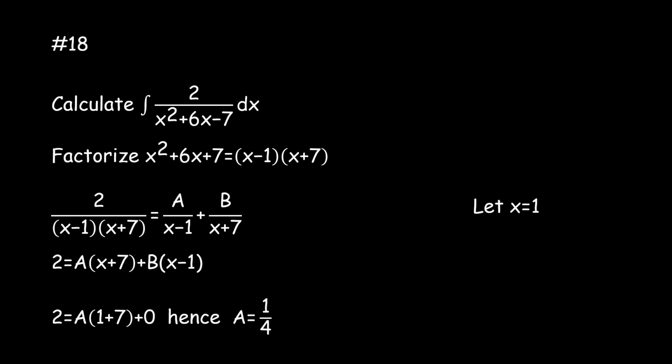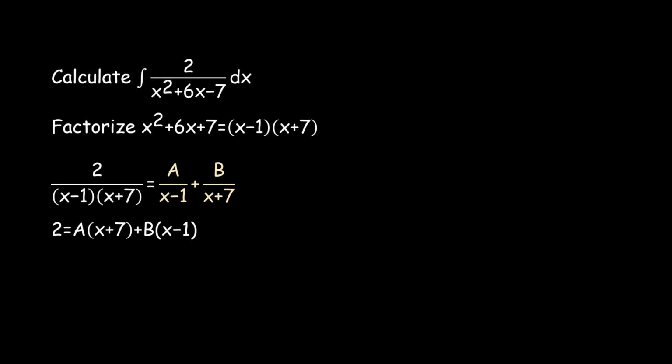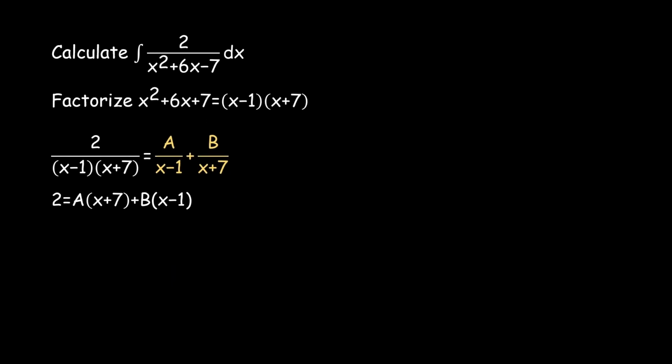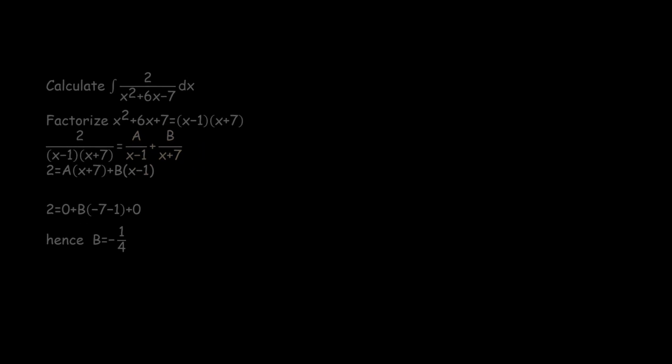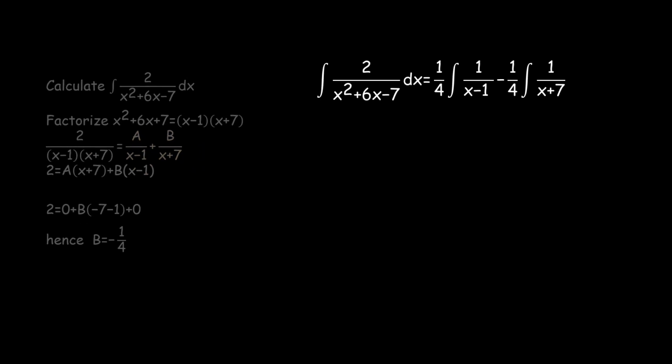And okay, so now we need to work out the value of b by substituting x equal to -7 so that it eliminates the a. That would give us 2 equal to 0 plus b times -7 minus 1 plus a times 0. Hence b is -1/4.